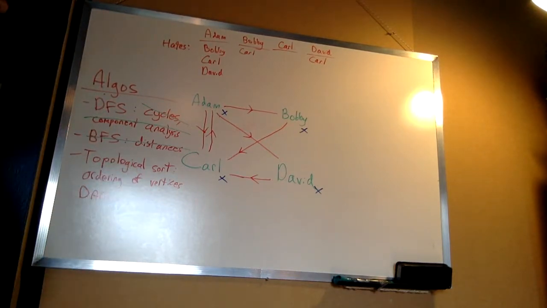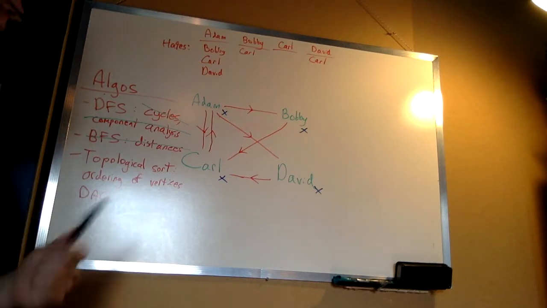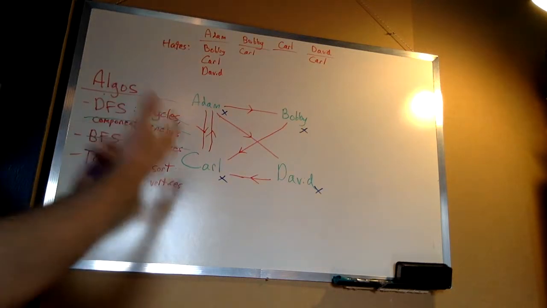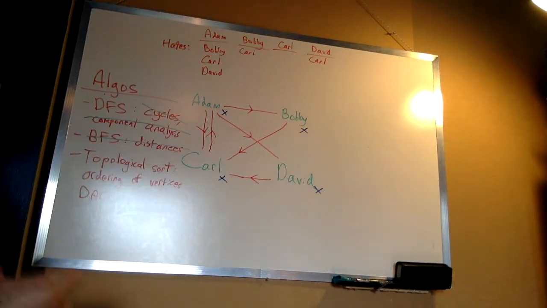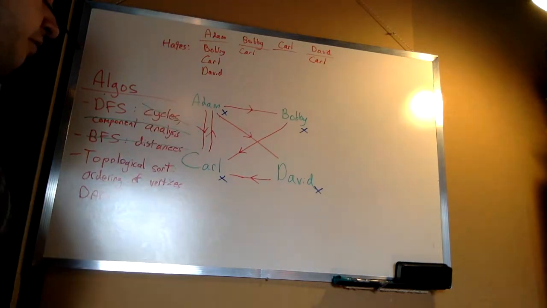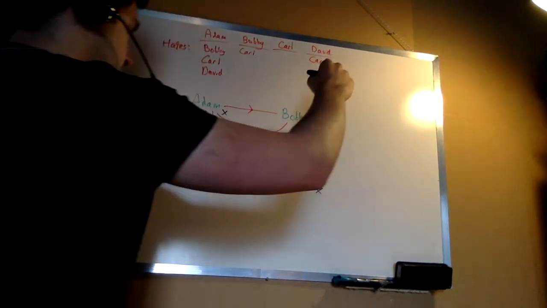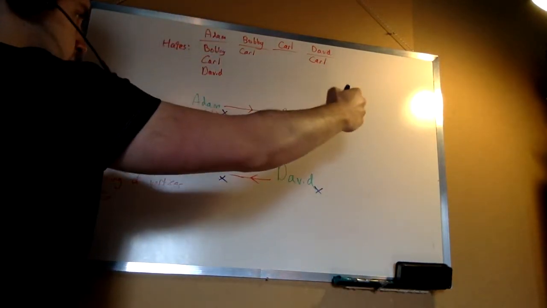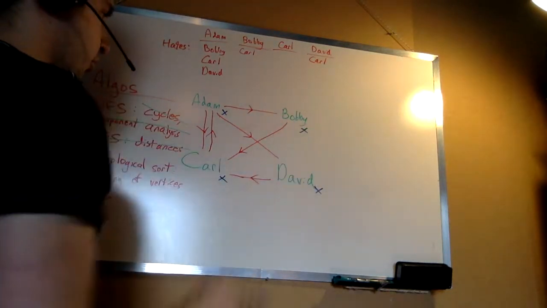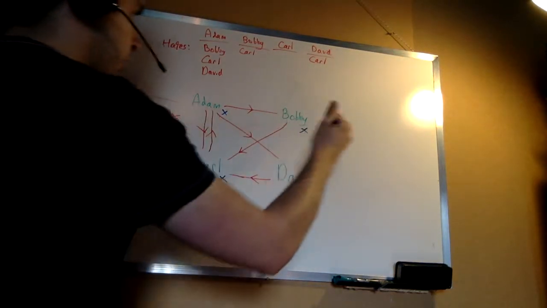All right, so we can't topologically sort this because one of the constraints on topological sort is that the graph being fed into it is acyclic, and that's okay. But let's just see what happens to the problem when we do that. If we try to solve this ourselves by hand, remember before we had Adam at the front, Carl at the back, and then either Bobby or David in the middle in whatever order. But in this case, there's no way.